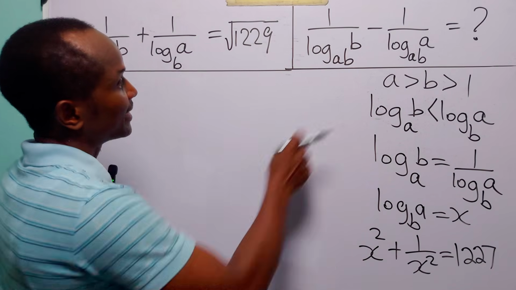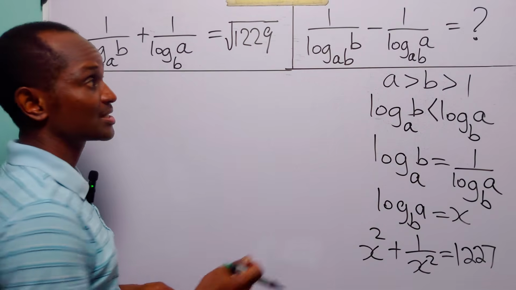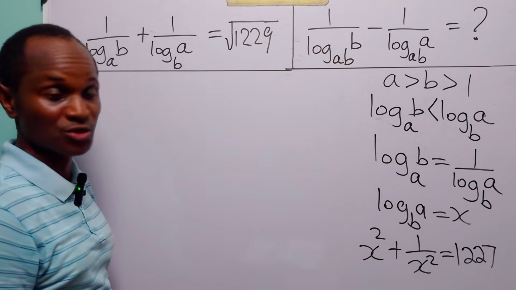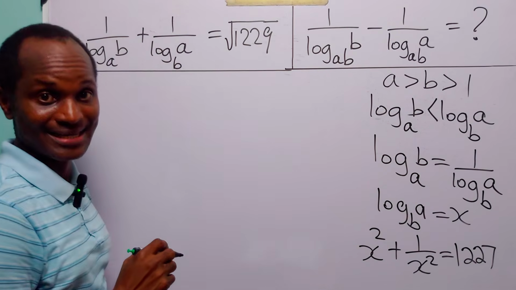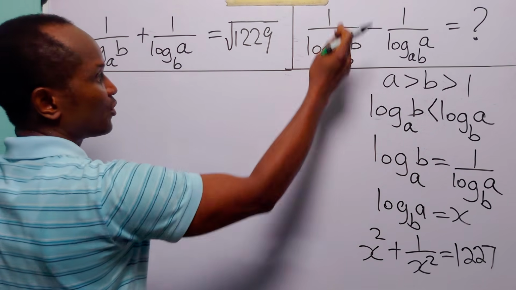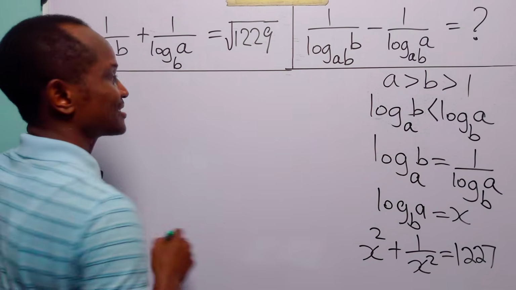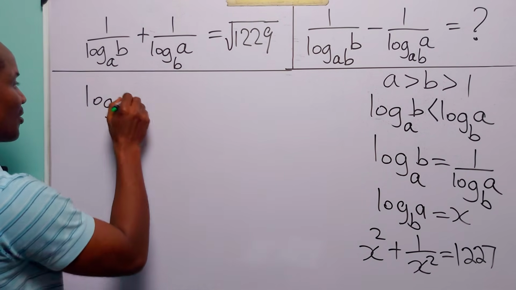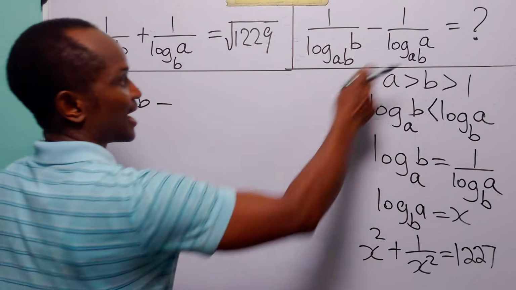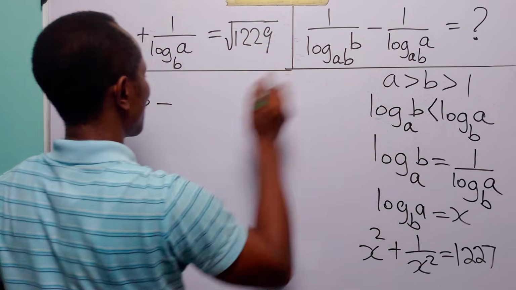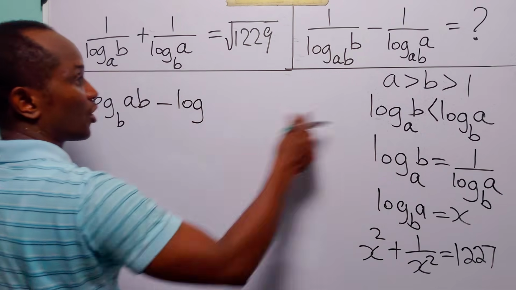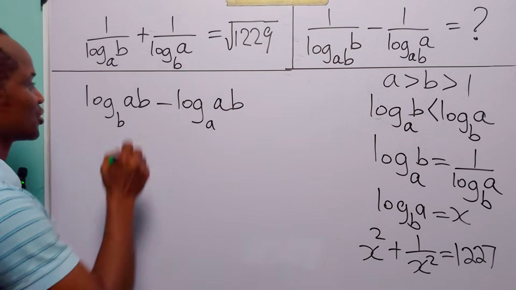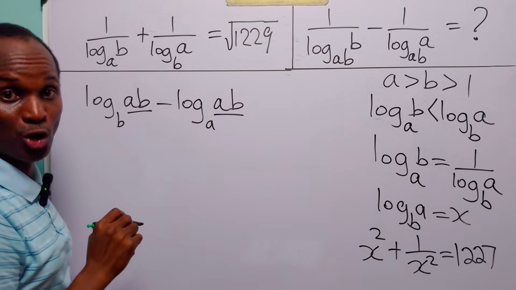Now, to find the value of this, we are going to start by simplifying these two log terms as far as possible. And of course, to do that, we are going to go back to this identity. Now, we can write 1 over log to base AB of B as log to base B of AB. And we can write 1 over log to base AB of A as log to base A of AB. Of course, you know that this is a product.